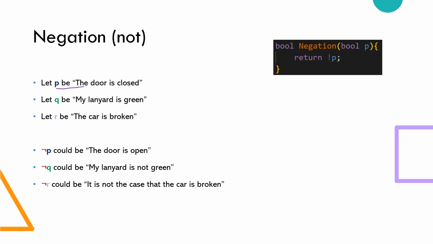If Q is my lanyard is green, not Q could be my lanyard is not green. Simple as that. And if R is the proposition the car is broken, I could say that not R would be it is not the case that the car is broken.